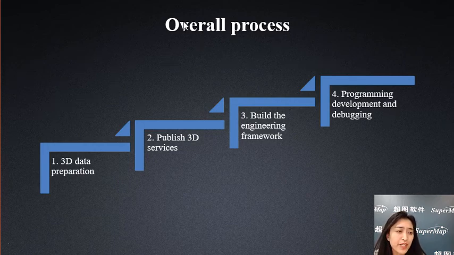prepare the 3D data. That is, to obtain our 3D data from a website or another way and process it in SuperMap iDesktop, like modifying its projection, optimizing the data, or generating the cache in the desktop.